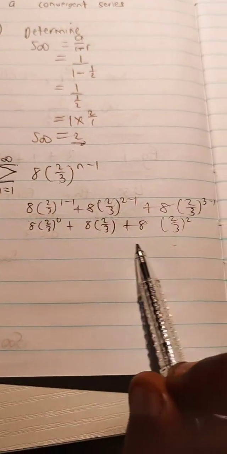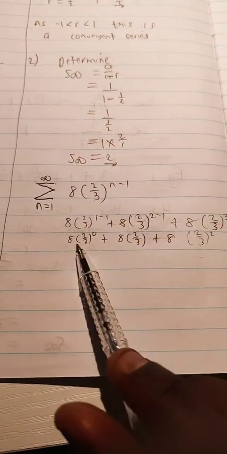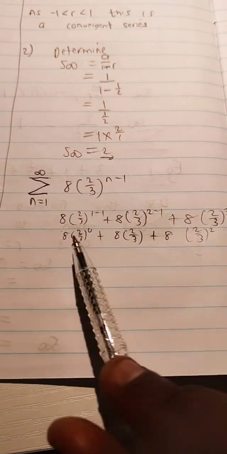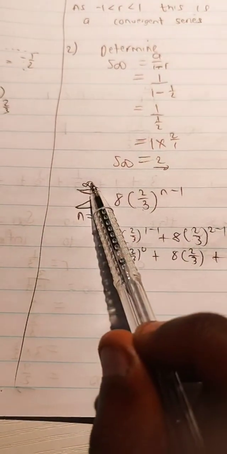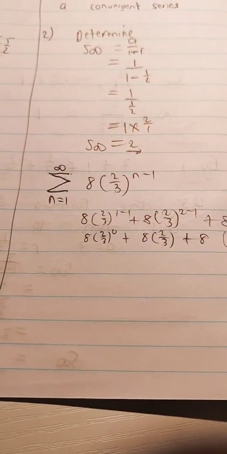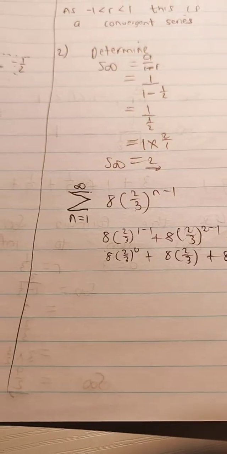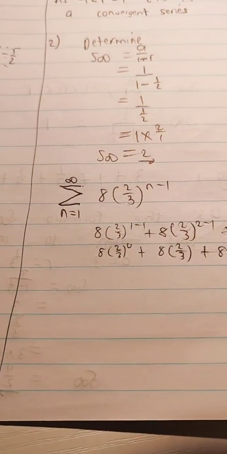So when you write the terms, guys, these are the terms, but for what type of sequence? It's a geometric series, right? But what type of geometric series is this? We have infinity as our last value, and substituting infinity, obviously it's not finite. It means that we have an infinite series.